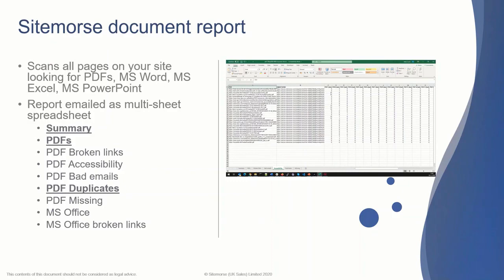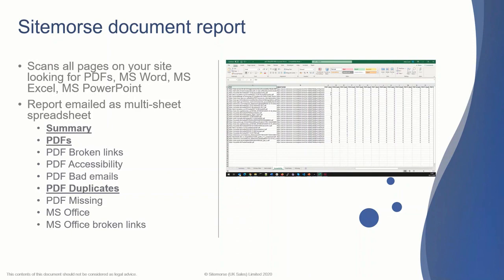If part of your strategy is to remove PDFs from your site wherever possible, this is a convenient list of pages you'll need to update when you remove those PDFs. And if you are removing those PDFs, you will have to update those page links. The PDF duplicate sheet contains a list of PDFs that were identical but found on different URLs.